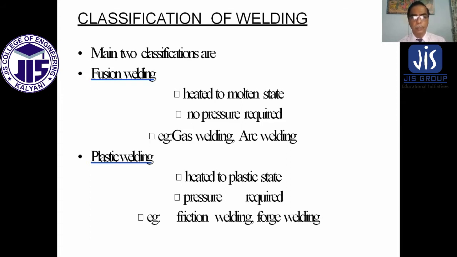Another is plastic welding, where pressure is required and the material is heated to a plastic state. Examples are friction welding, friction stir welding, forge welding, ultrasonic welding, etc.